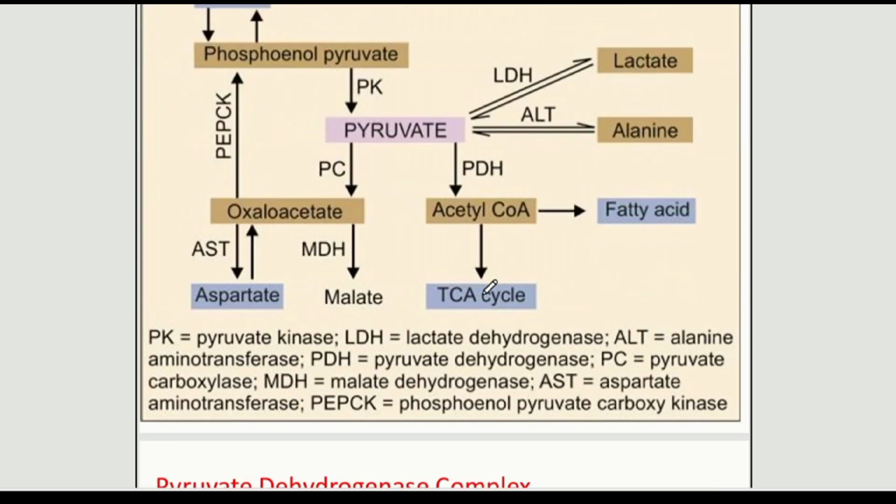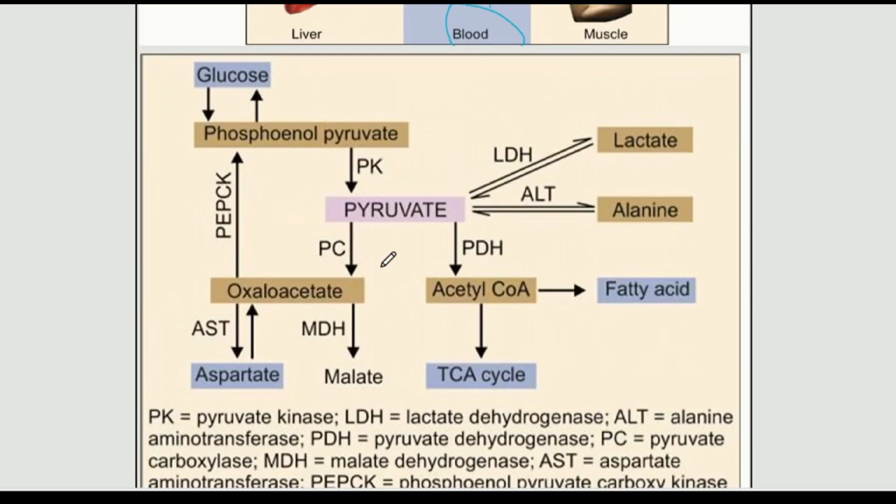This is a very important chart because here we can see what major pathways can happen after glycolysis, from this pyruvate, from this glucose. So glucose, phosphoenol pyruvate and this pyruvate, that is the process of glycolysis. From pyruvate you can get lactate in the anaerobic condition.